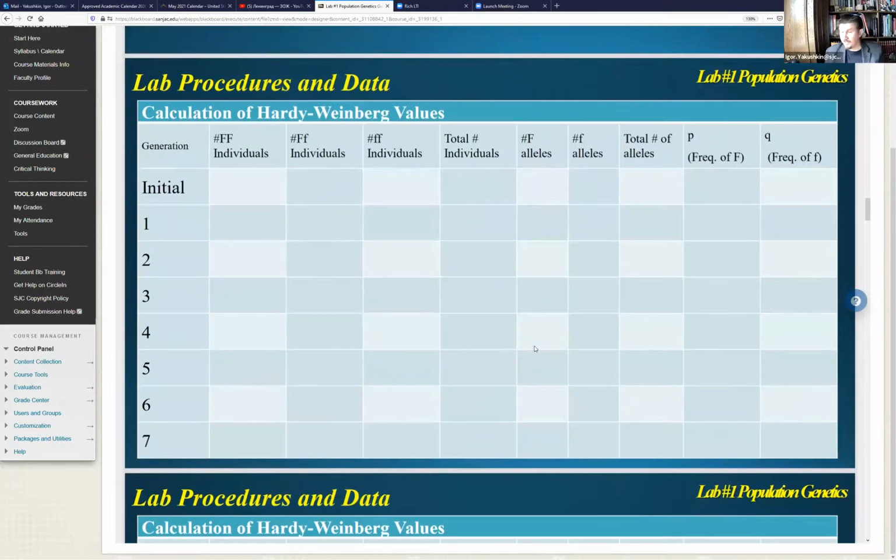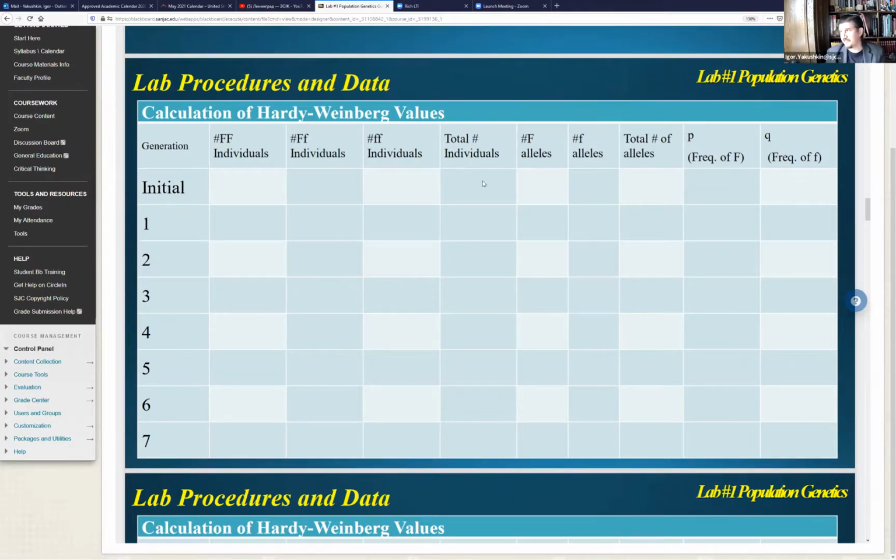Now, once again, in the face-to-face lab, we'll take those cards and record how many capital F, capital F individuals we have, capital F lowercase f individuals, and lowercase f, lowercase f individuals. We'll tie it up to a total number of individuals.